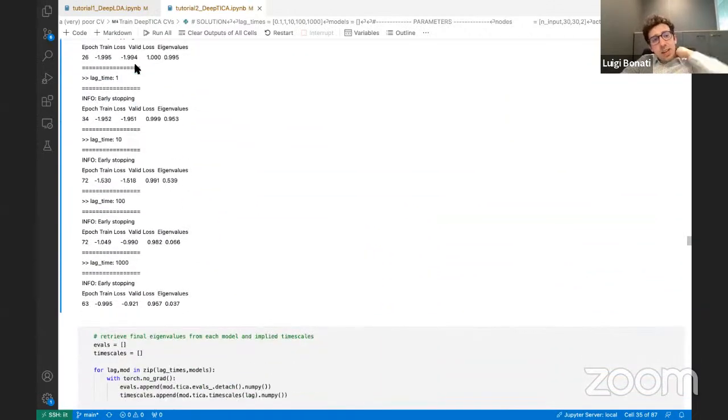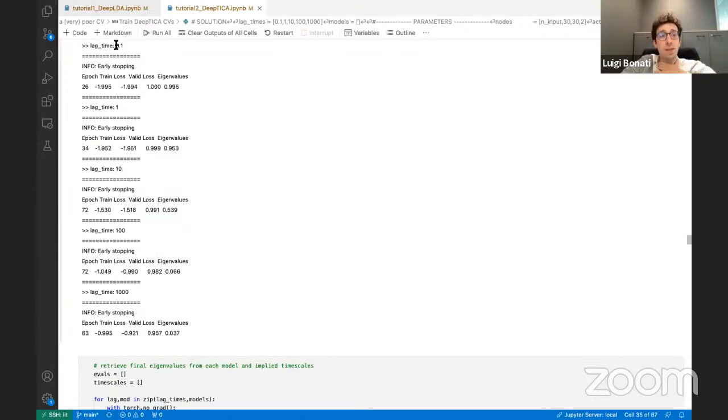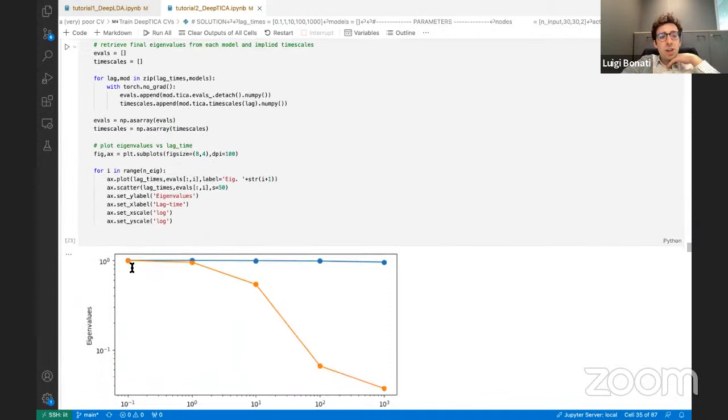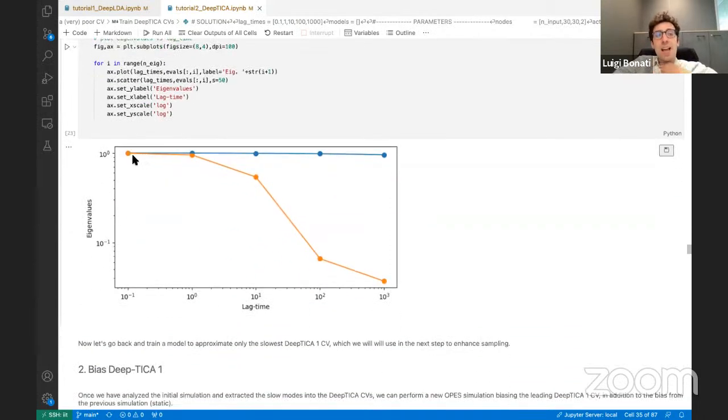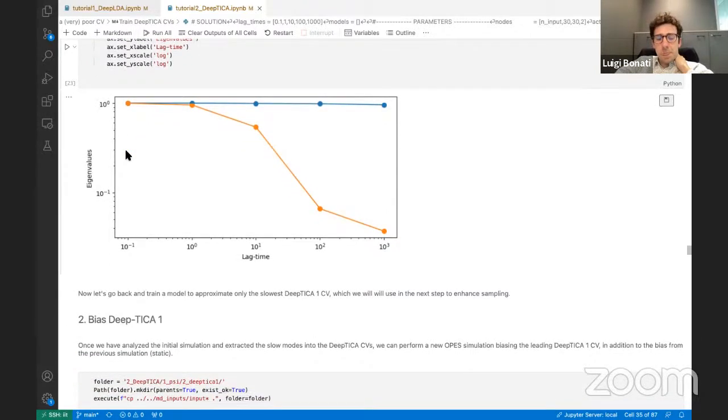Here I repeated the training by changing the value of the lag time in a log scale, from 0.1 up to 1000. What I plotted here is the value of the eigenvalues in log scale in this range. We see that if we use a too small lag time, the two eigenvalues, the blue is the dominant one and the orange is the second one, are almost degenerate.